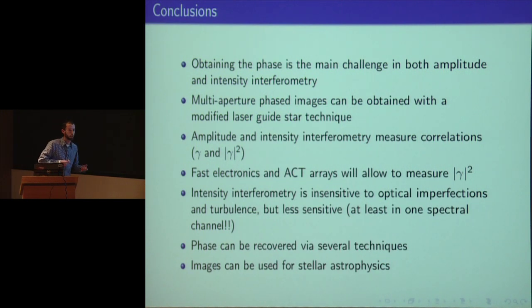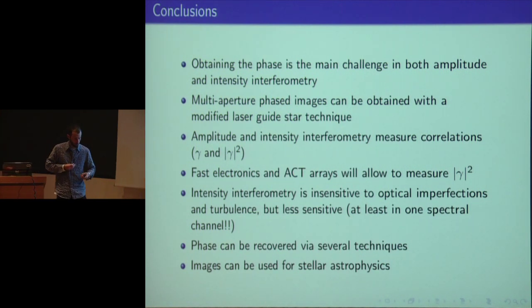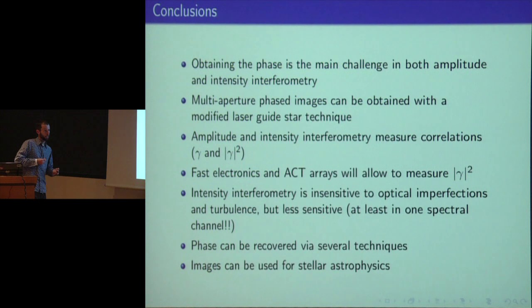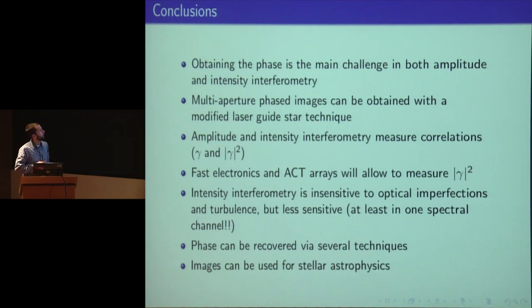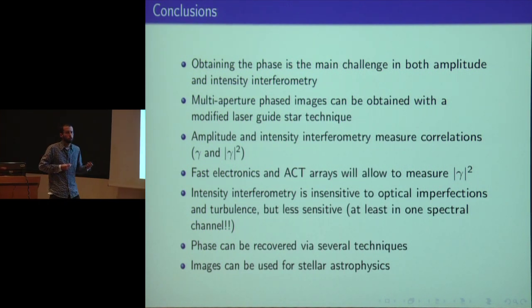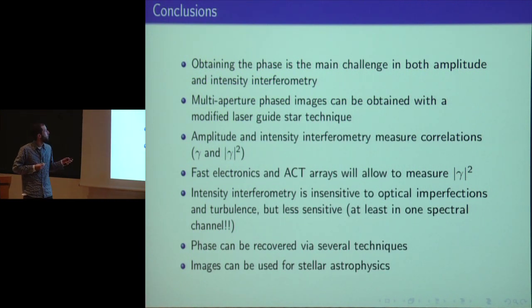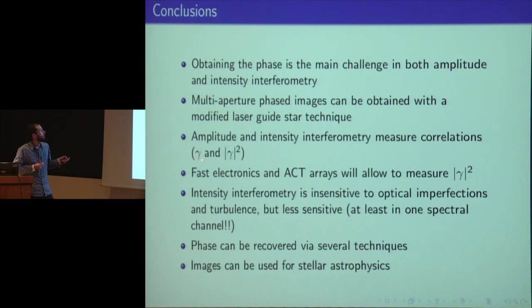As I showed you, you can try and measure the distortions introduced by the atmosphere with the modified laser guide star setup that I showed you. Well, more insight can be gained when you understand interferometry in terms of correlations. So amplitude interferometry measures the complex degree of correlation, and intensity interferometry measures the squared modulus.